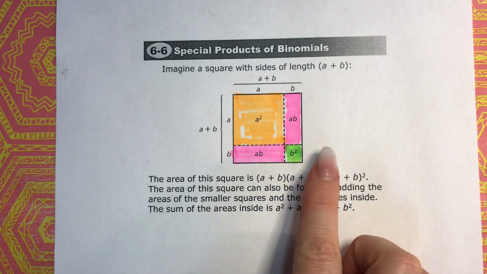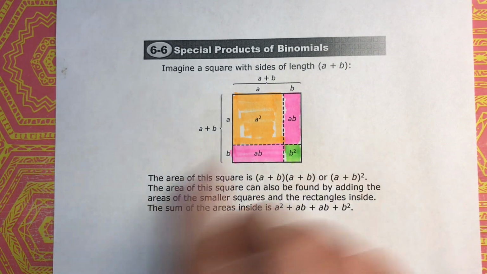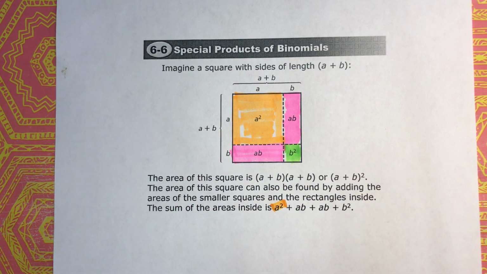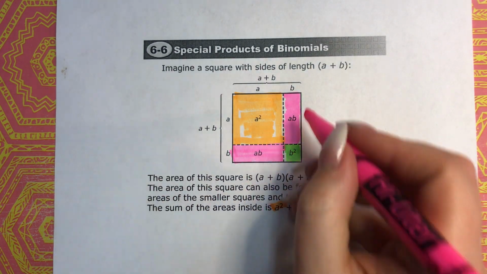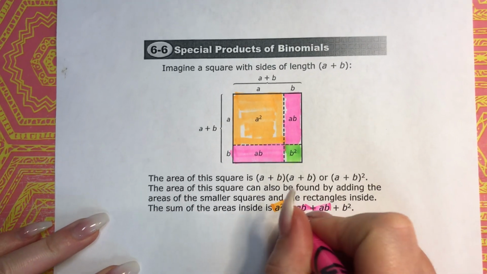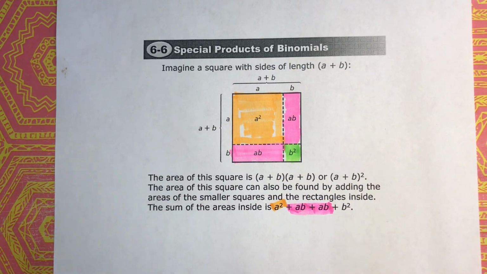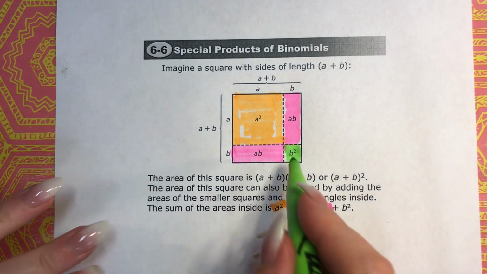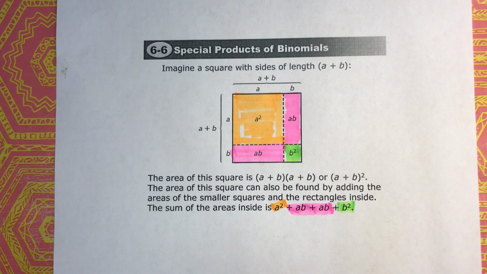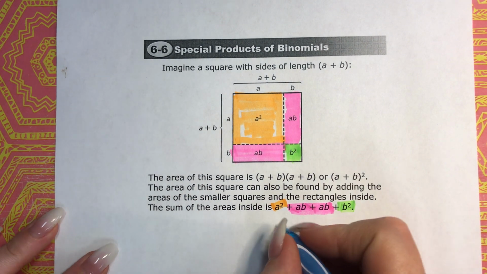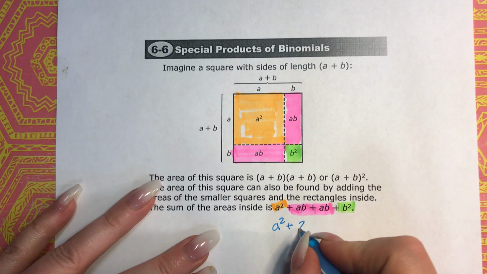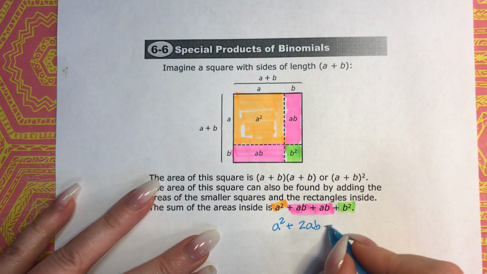So if we add all those things up, this a squared plus this ab plus this ab plus b squared, you would get the area, which would end up being a squared plus 2ab plus b squared.